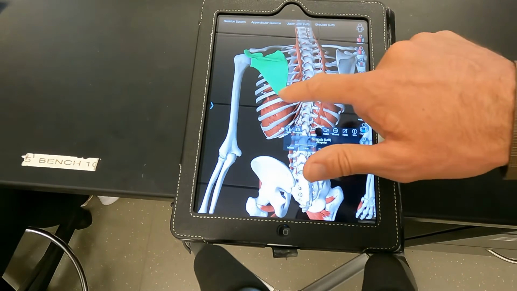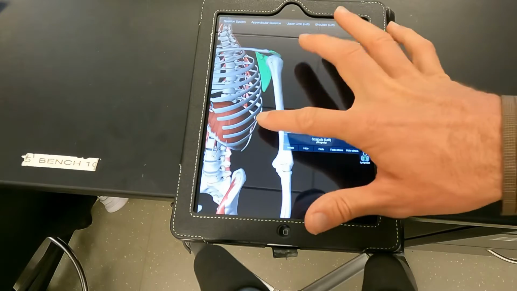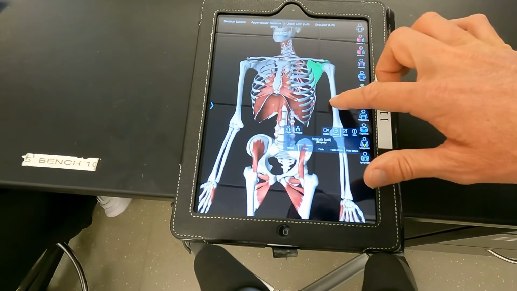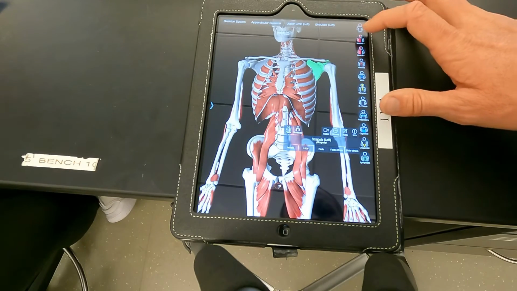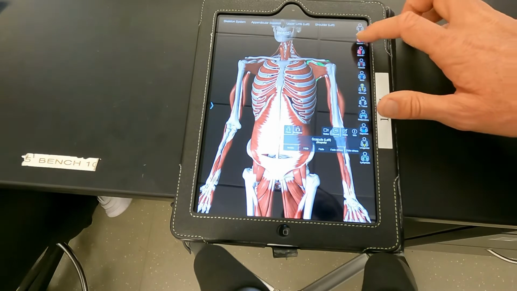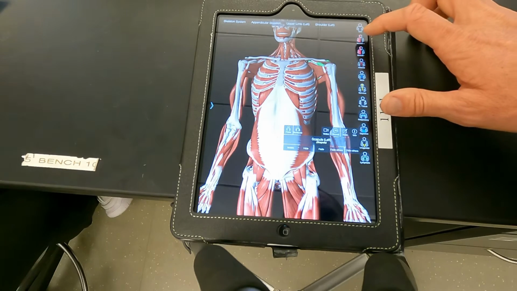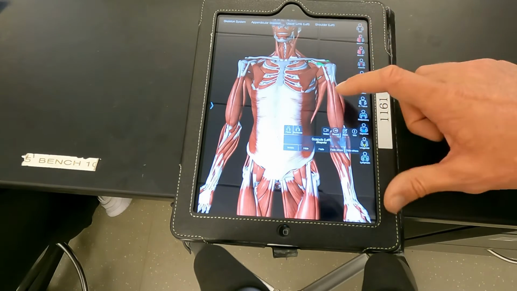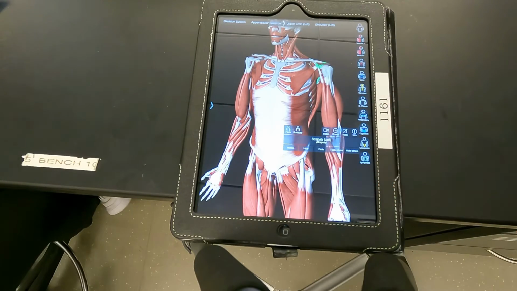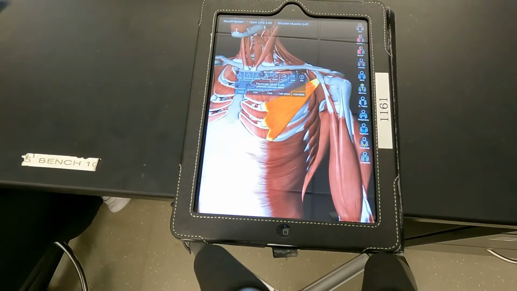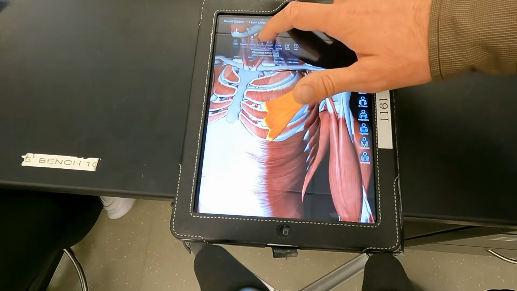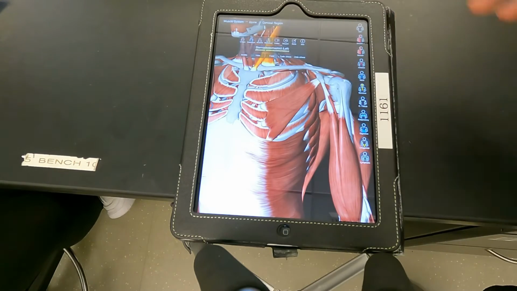Let's see. So let's do an anterior view. Let's add a layer of muscle, another layer, another layer, another layer, another layer. Basically, what I want you to find is the pectoralis minor. Find the pectoralis minor.